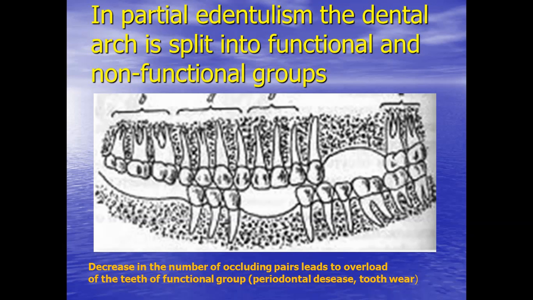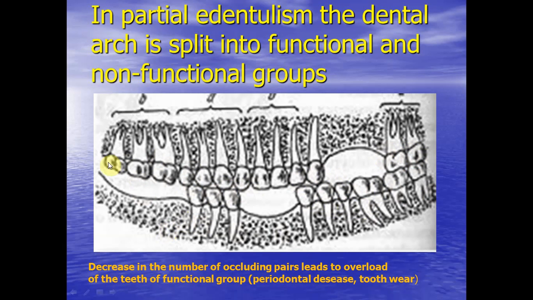The dental arch tooth row is split into functional and non-functional groups. The teeth which have teeth opposing them and which come into function, like these ones and these ones and these ones, make functional groups, and the teeth which don't have teeth against them, which we also refer to as antagonists, make non-functional groups.